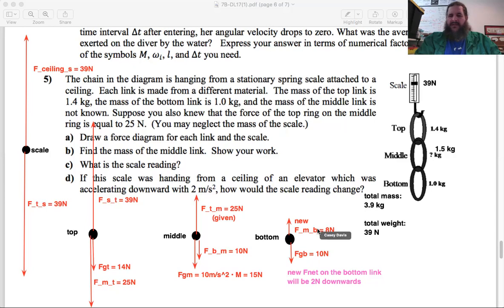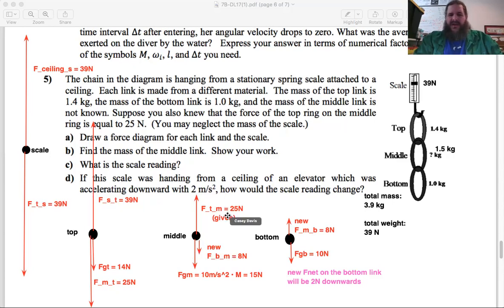And that also immediately modifies the corresponding Newton's third law pair. Force of the bottom link on the middle link is also now going to be 8 newtons because those have to be equal and opposite. And of course, its weight doesn't change because gravity hasn't changed at all. We just have a weaker normal force.